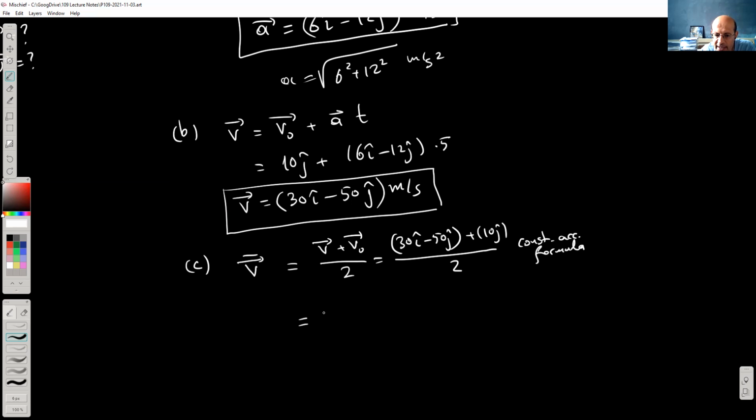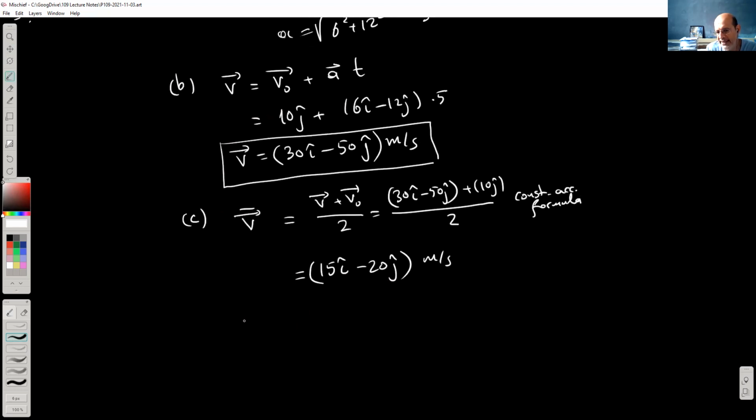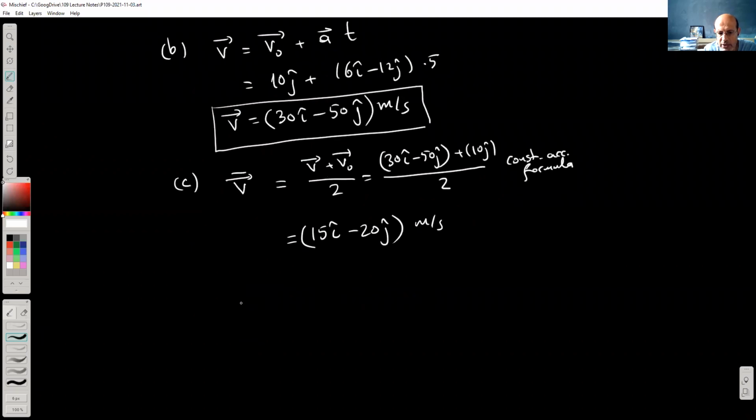So 30i gives 15i, minus 40j divided by 2 is minus 20j meters per second. So that's the average velocity, the arithmetic average of the initial and final velocities. The other one is the definition of the average velocity, the displacement divided by the time. Of course, that's r minus r0 divided by t minus 0.